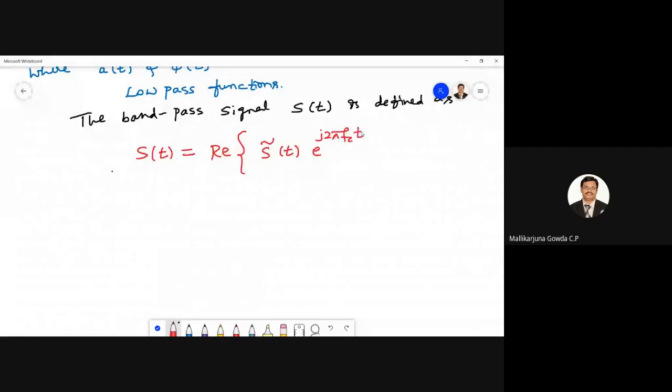Yes, is this fine? So S of t is equal to the real part of S tilde of t into e power j 2 pi fct. Now let me substitute the value of S tilde of t here.